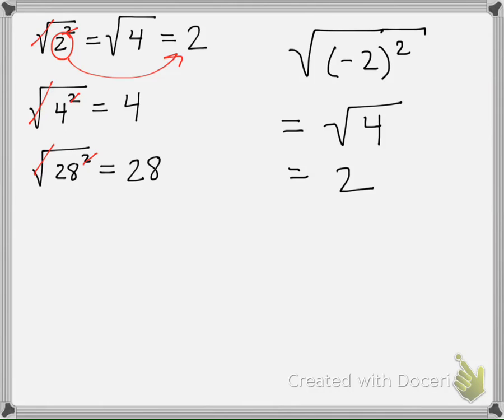So whenever we have a negative term that's being squared, what we're going to end up with is the absolute value when we cancel these two out. We're going to end up with the absolute value of negative 2, which will be 2. So we have to keep that in mind. This really only works when we have even roots. Okay, so an even root just means that this is the square root, not the third root of, or the cube root of. All right.